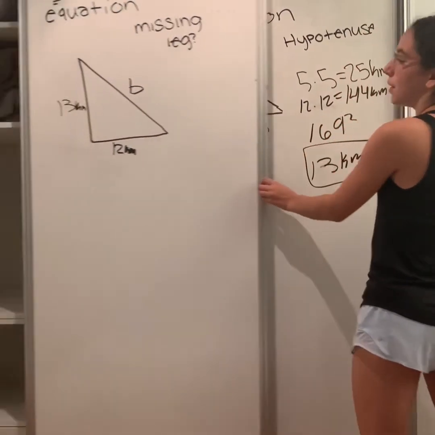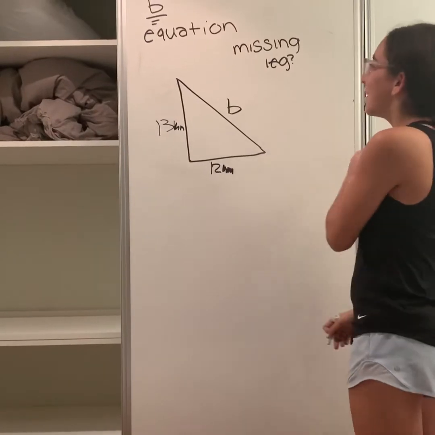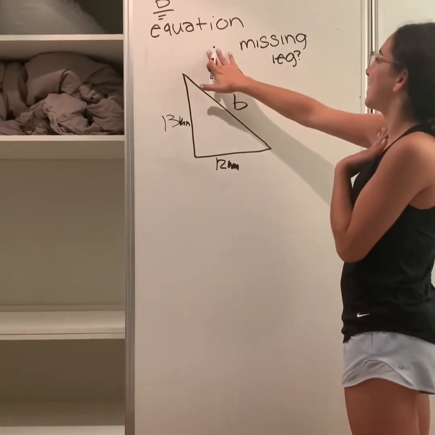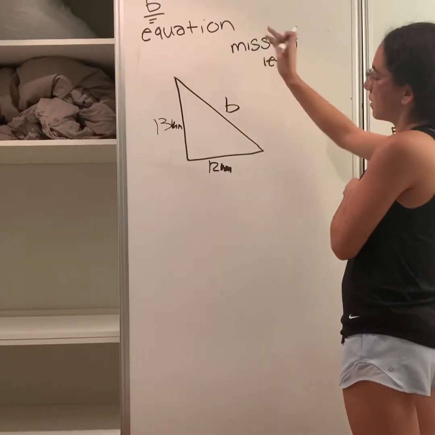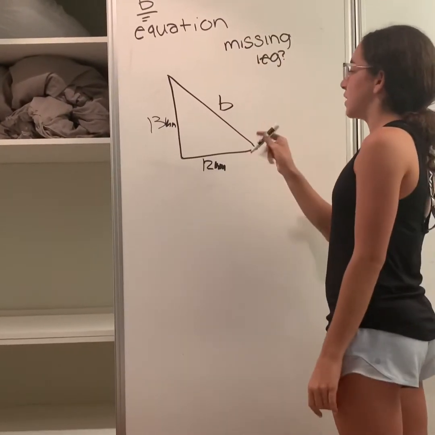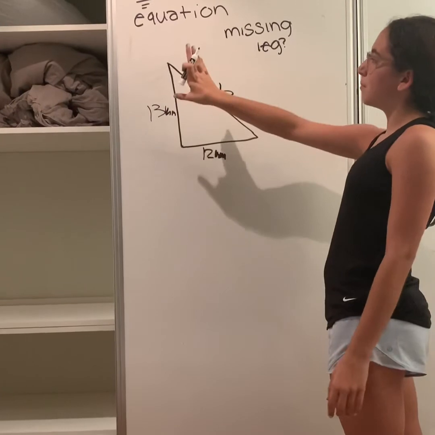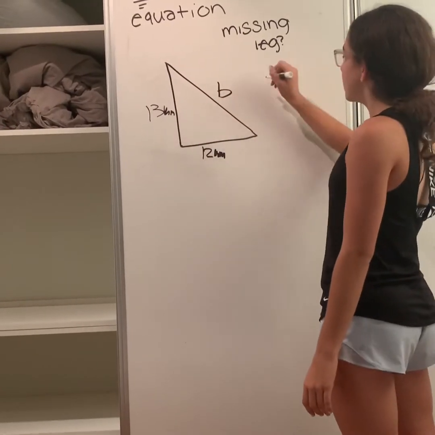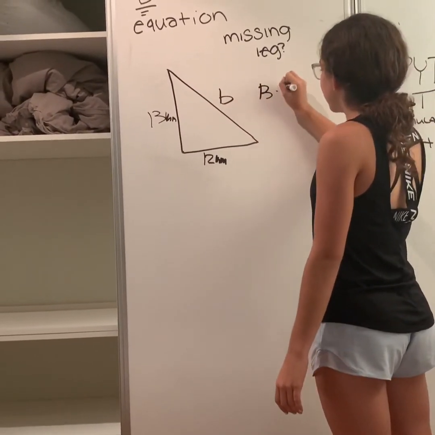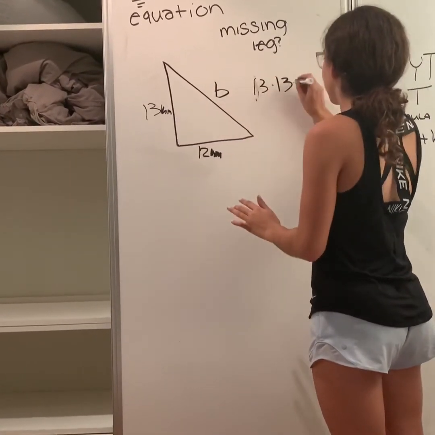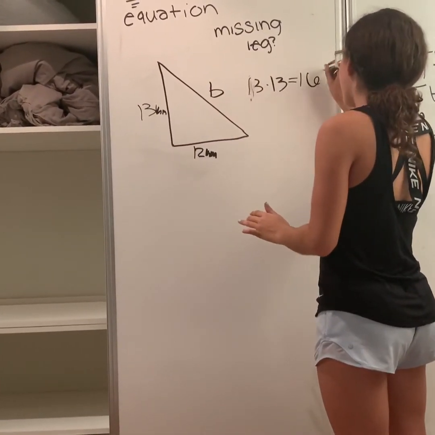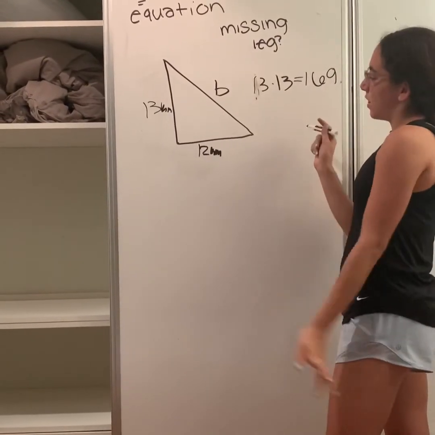Now for our next problem, we are finding the missing leg, and it is a B equation. So the first thing that we do is take your biggest number, because we're doing subtraction, 13 times 13, equals 169, as we know from our last problem.